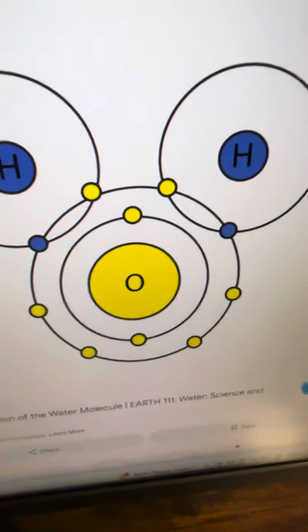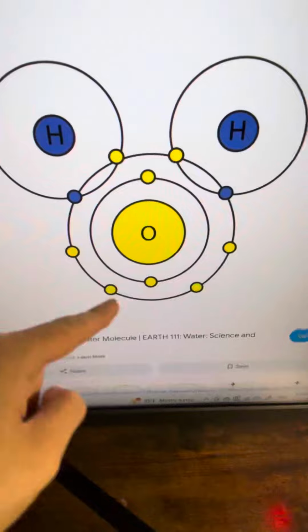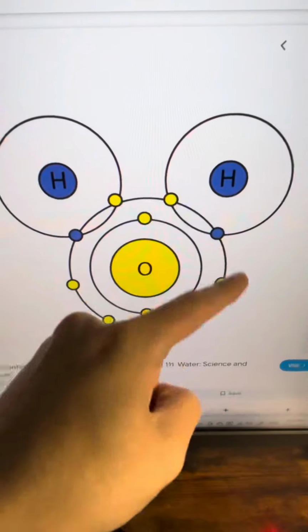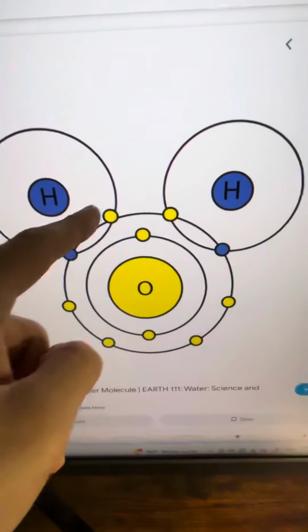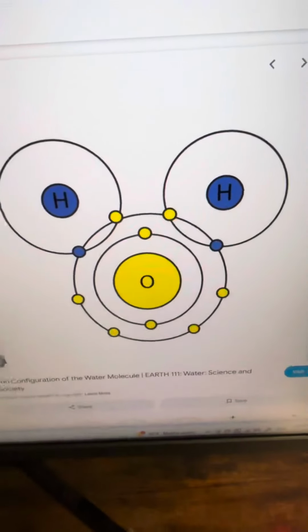So, as we talked about, valence electrons, which are the electrons on the outside, are what these guys are. And each valence ring wants to be filled with 8. Well, except this one does 2. But 8 is the happy number.